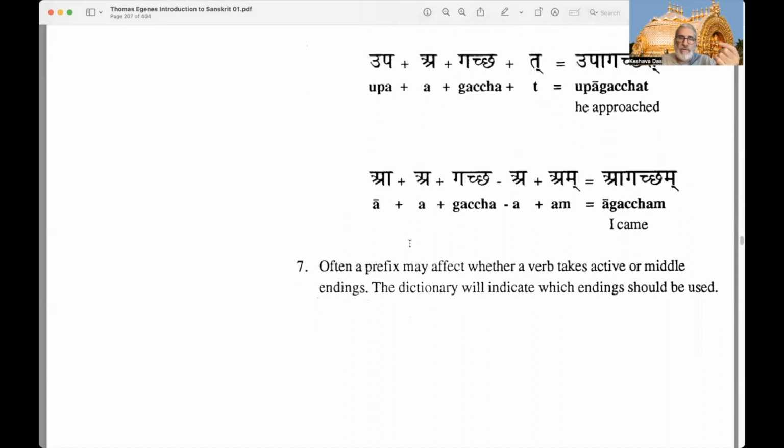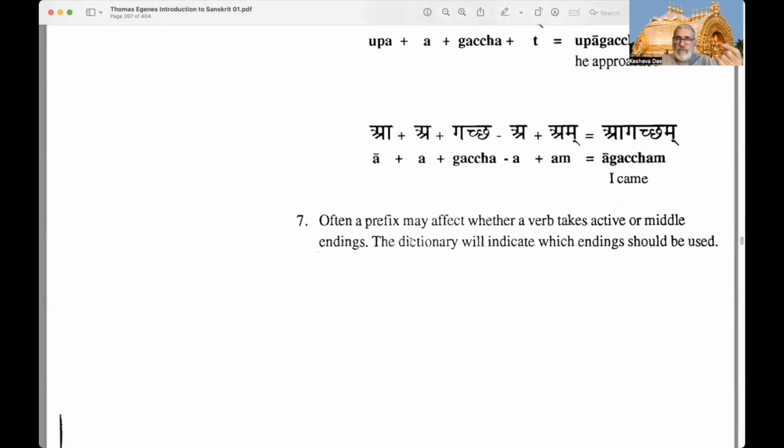Then we have another example. We have the upasarga, which we knew from the very beginning, the long a, which makes going into coming, which changes the meaning of the verb.